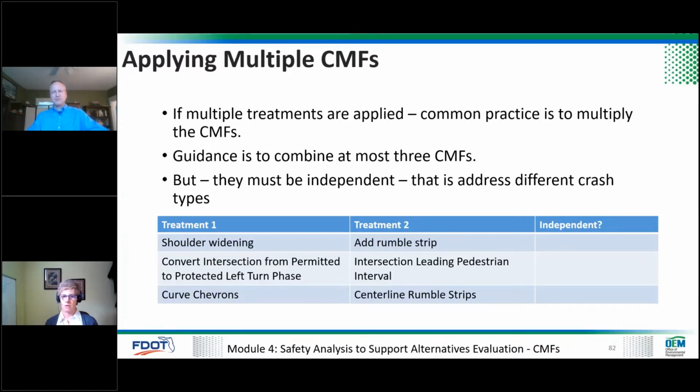So they're multiplicative. Right now, the guidance is 3 at most. Make sure they're independent. I will say that this guidance will be changing in the next edition of the Highway Safety Manual. And that manual will come out in the next year or two, hopefully, probably at least a year away.